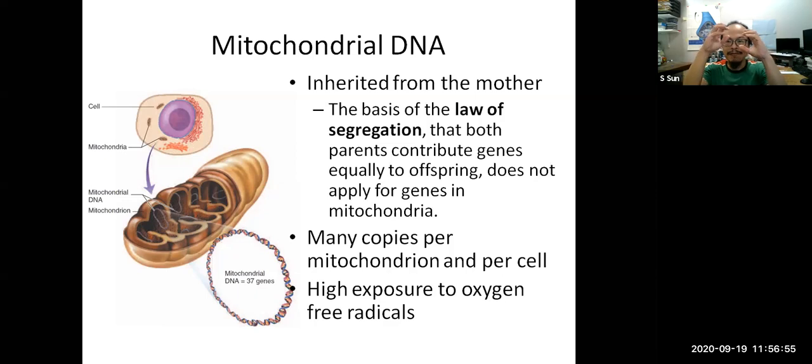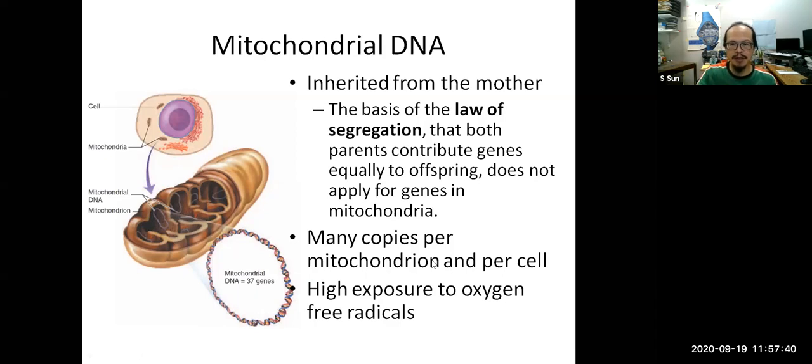But in the cell we have many mitochondria, and each mitochondrion can have different DNA. You may have a disease mutation in one mitochondrion, but the distribution can vary. One egg may have a lot of bad mitochondria, but another egg might only have a few. If you're lucky, the offspring don't carry the bad mitochondria at all. So even though the mother has it, the kids might not.